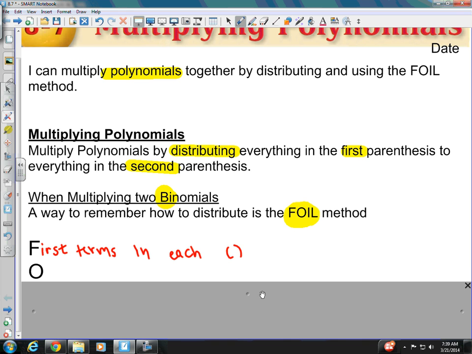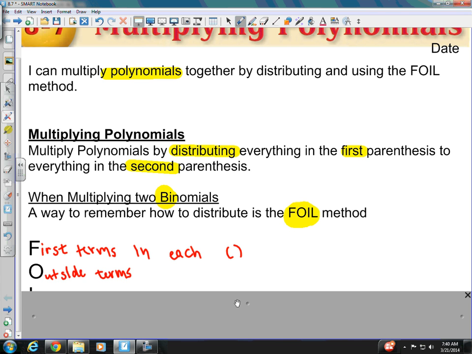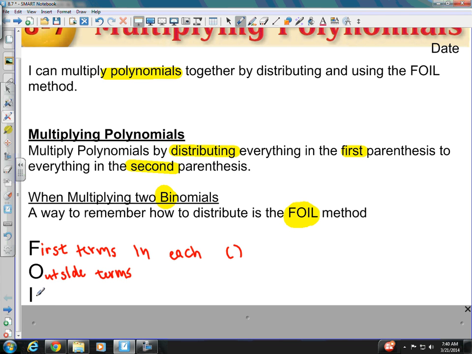The O in FOIL stands for the outside, or the outer terms. Those are the ones on the outermost side of the binomials. And the I stands for the inside terms.